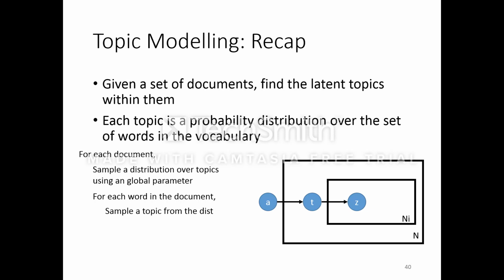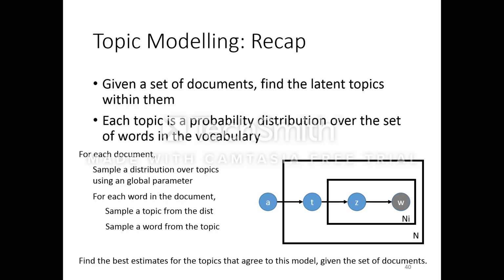The first word might be sampled as T87, and that topic is associated with a probability distribution over words, and then you sample a word from that topic. As you see, the tile notation carries forward: there are ni words in the ith document, and this is repeated ni times. That's what is indicated here.